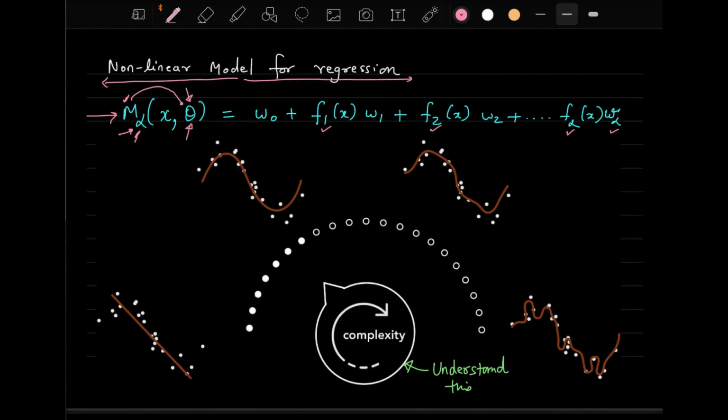What this m alpha of x, theta is, is nothing but w0, then a weighted summation of all the functions f1(x), f2(x), up to f alpha(x). So you can see that it's weighted. One is w0, then f1(x) is weighted by w1, f2(x) is weighted by w2, and similarly it goes up to f alpha(x) with w alpha. In this particular example, this model has two tunable parameters.